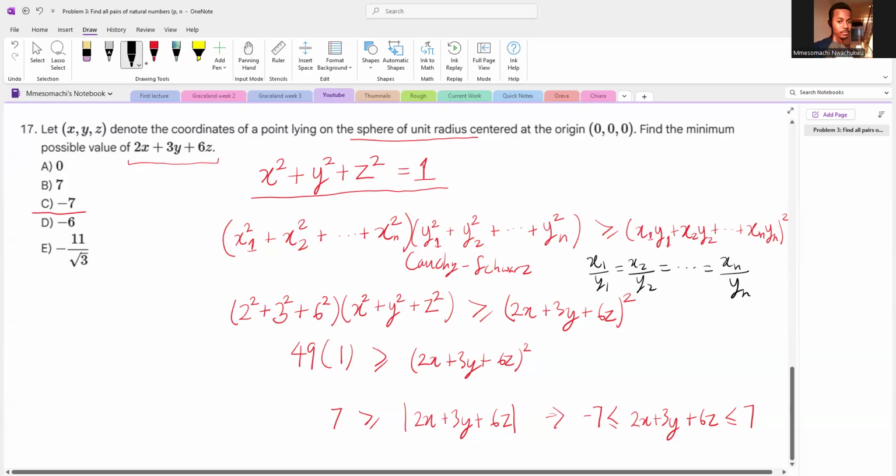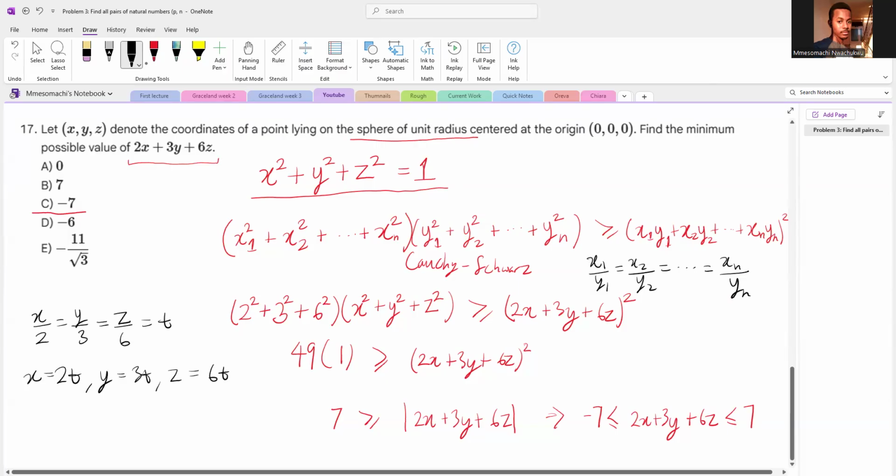So we want x over 2 to be equal to y over 3 to be equal to z over 6. Okay, so let's say this is equal to t. So we want x to be equal to 2t, y to be equal to 3t, and z to be equal to 6t. Okay.